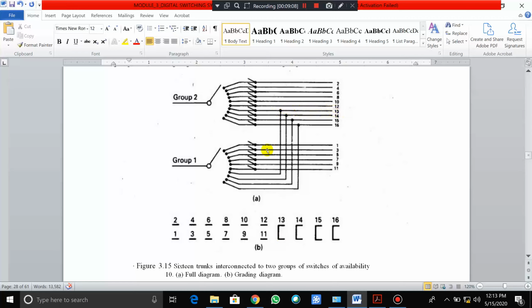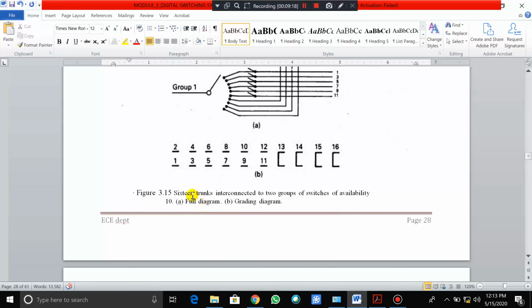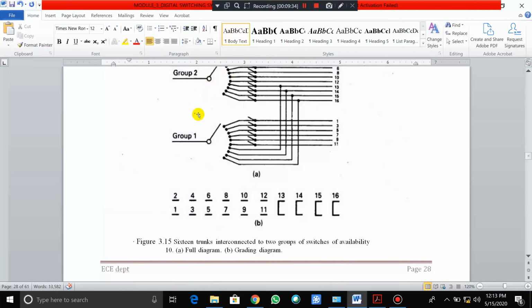Here at 13 we have a cross point, so as that is multiplied, it will have 13, 14, 15 and 16. So now 16 trunks are interconnected to two groups of switches of availability. Diagram A shows the full diagram. Diagram B is the grading diagram.